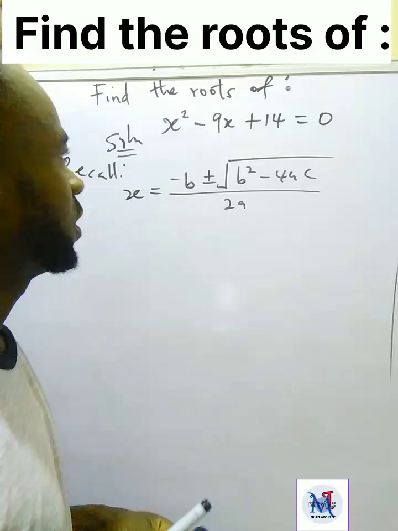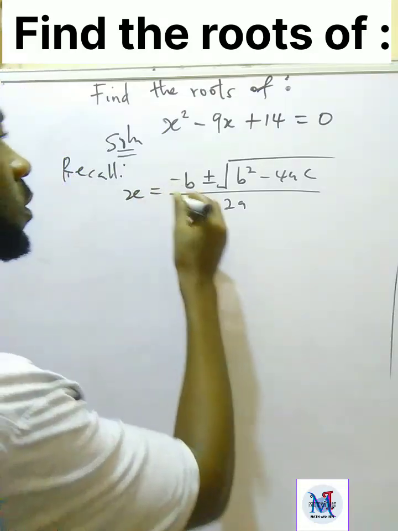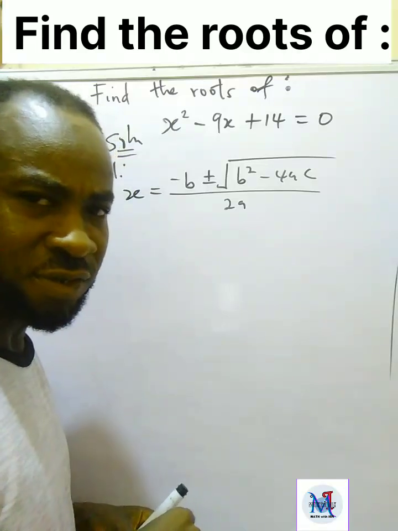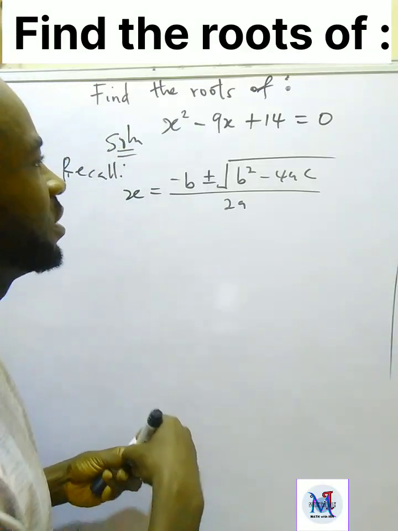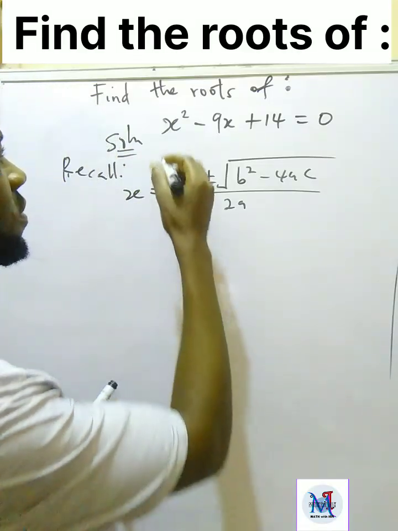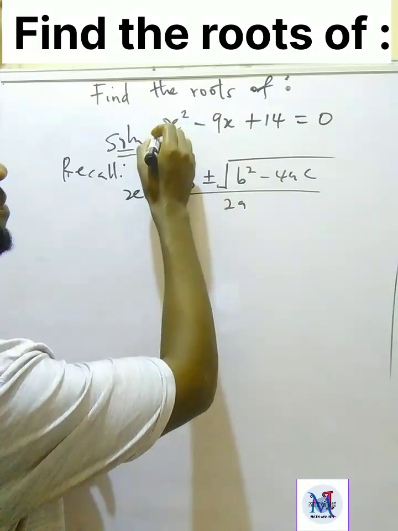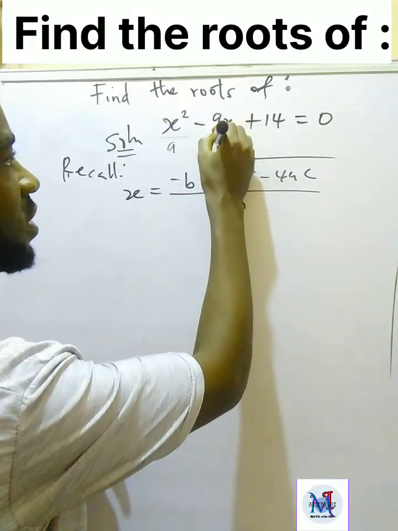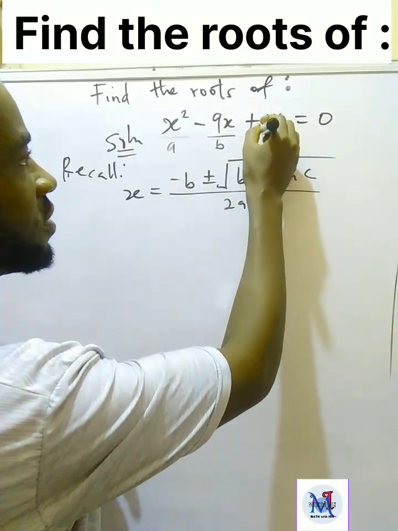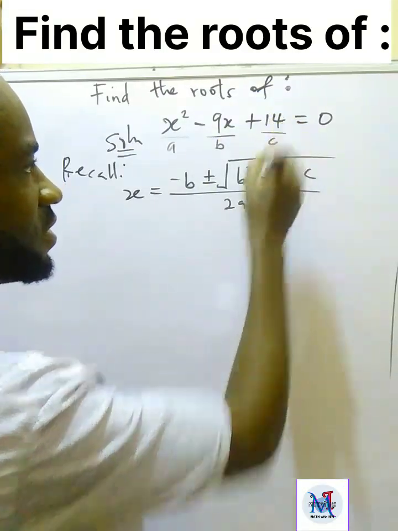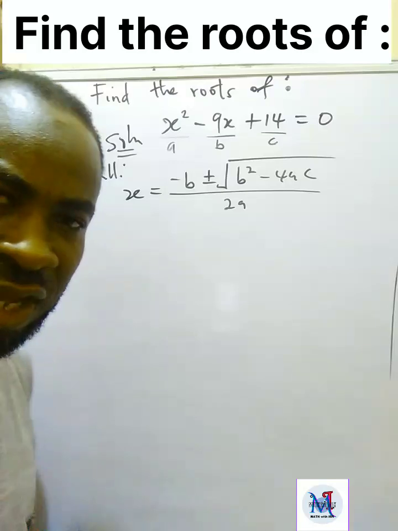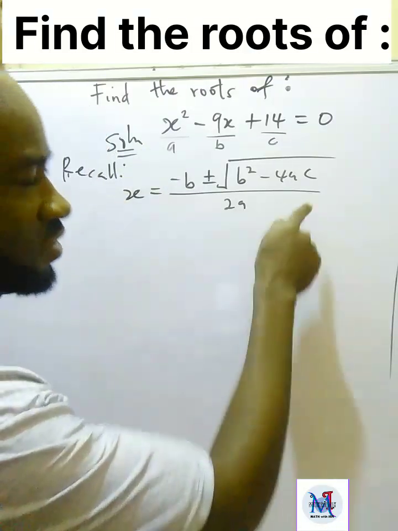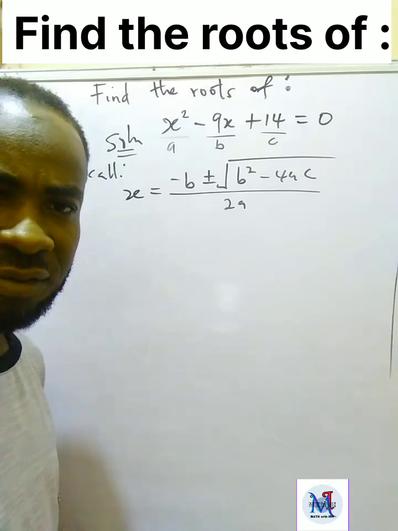Now let's go. How do we apply this general formula method? Now listen, the coefficient of this first term here, that is our a; the coefficient of this second term here, that is our b; this last term, that is our c. So all we need to do now is to substitute these values into this formula, and that's all.